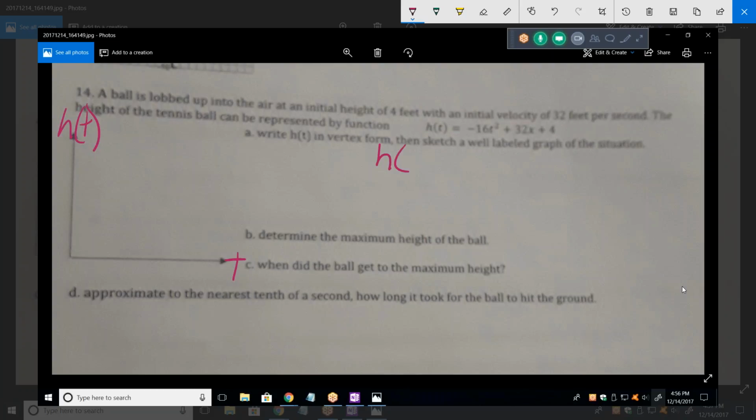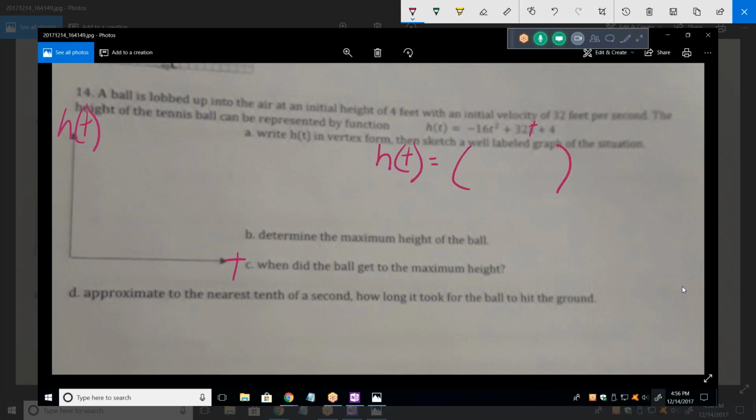So complete the square, right? Yeah, this is supposed to be a t, not an x. So what's the first step in completing the square?